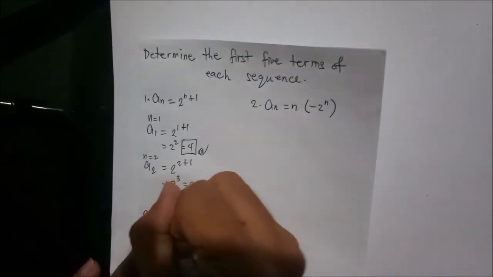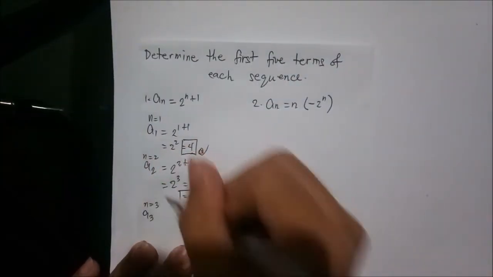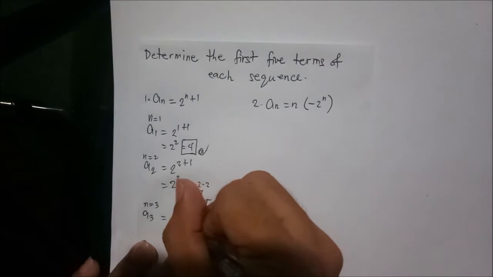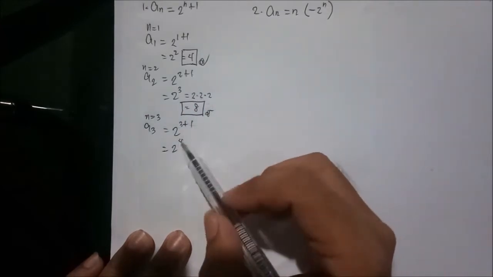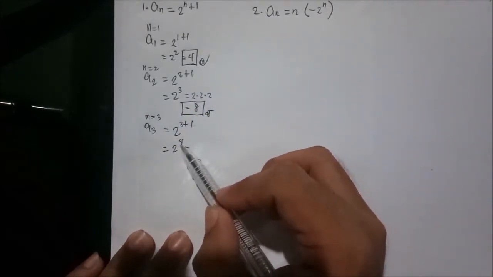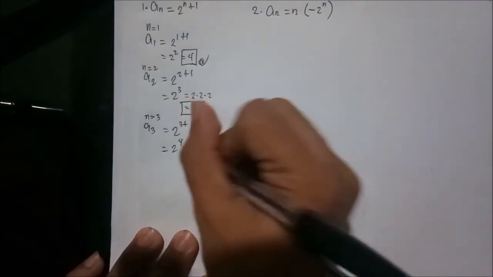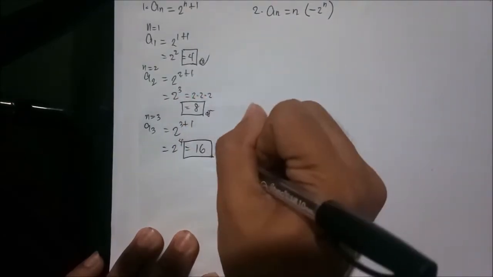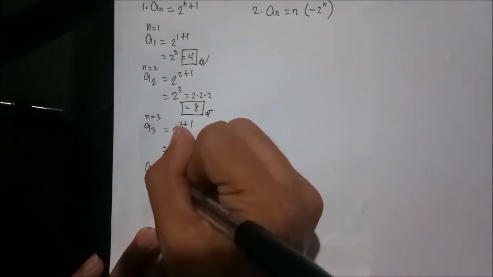Now, a sub 3. What is the value of n? Equals 3. So 2 to the power of 3 plus 1, 3 plus 1 is 4. Law of exponent, 2 to the power of 4 equals 16. So the third term is 16. So say a sub 4.